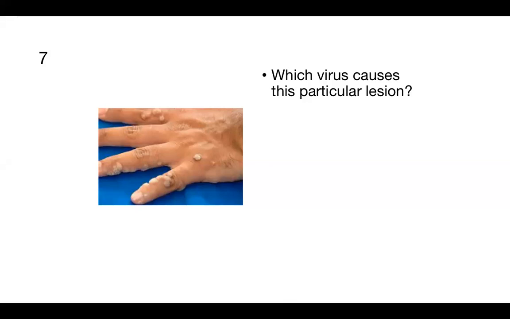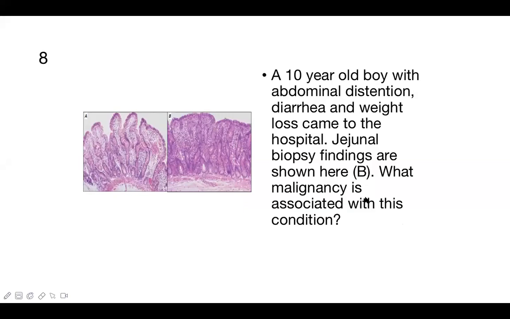Now, there are lots of treatments available for viral wart or human papillomavirus infection. Podophyllin is one of them. Electrocauterization is another one. Silver nitrate we can apply on those lesions. So all these are different options. So this is HPV, human papillomavirus. It's a type of DNA virus. Now, number 8.